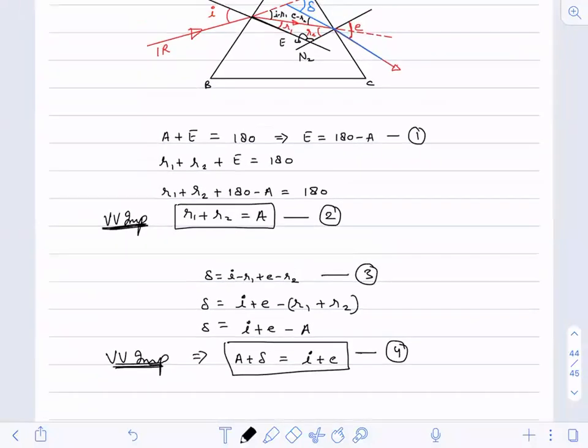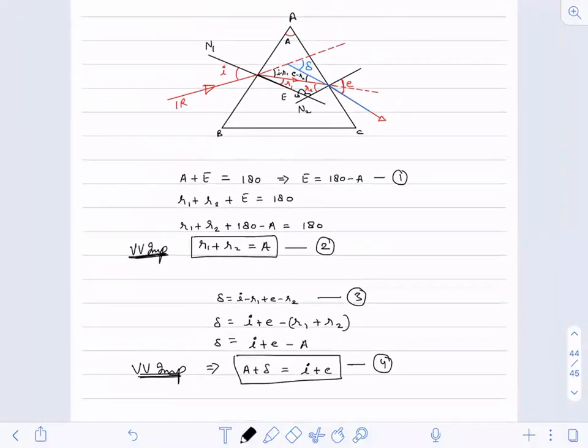Just have a brief look at the discussion we have done now. If anybody has any doubt, you can ask. Where is delta in this figure?